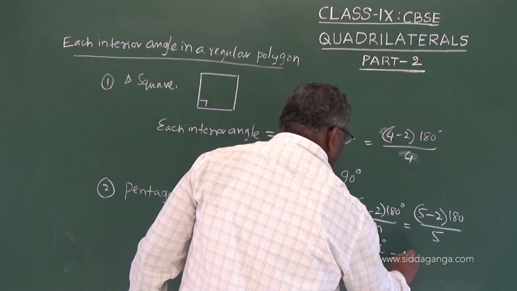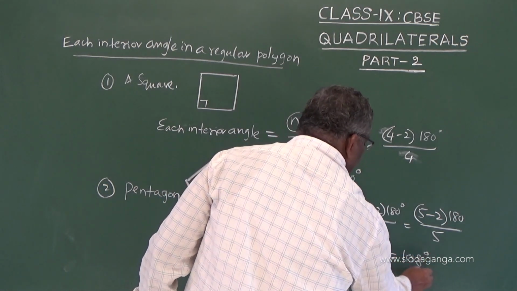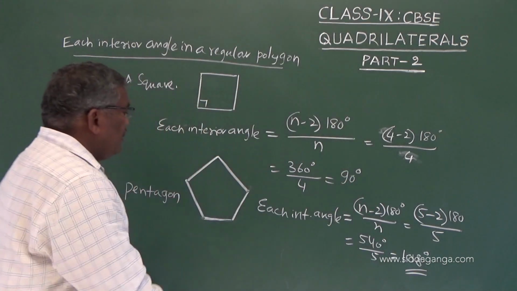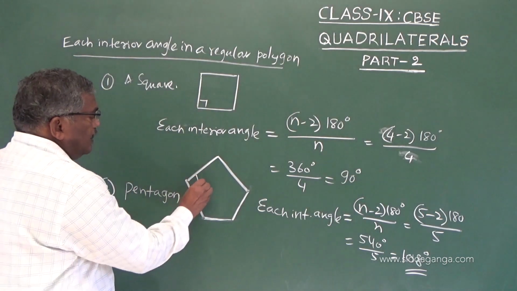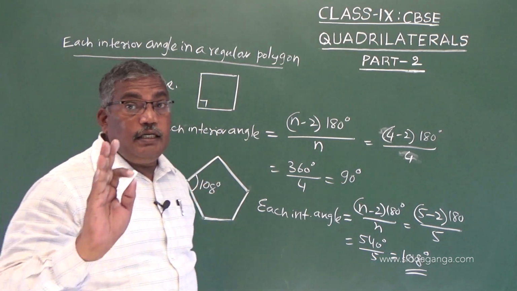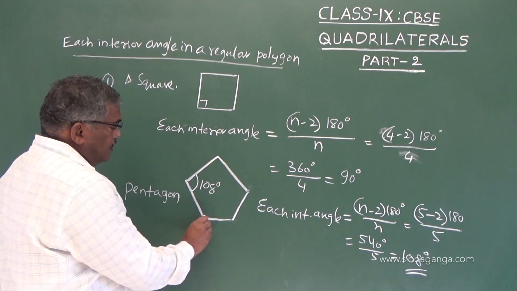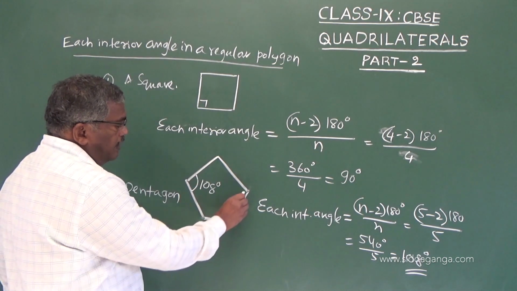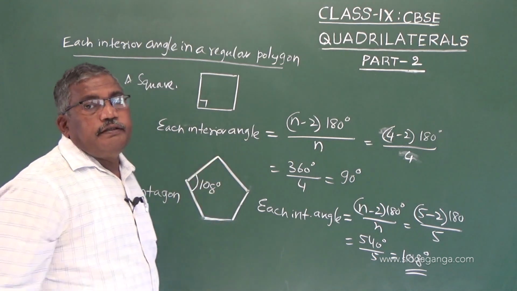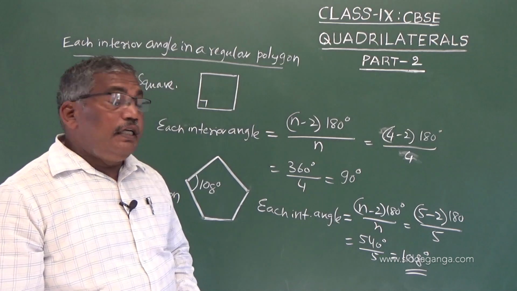So that is 108 degree. So therefore, in a pentagon, each angle will be 108 degree. So this is 108, 108, 108, 108, 108.